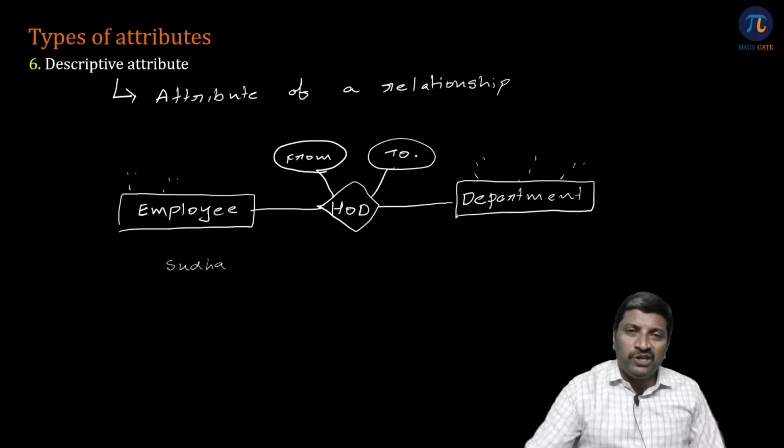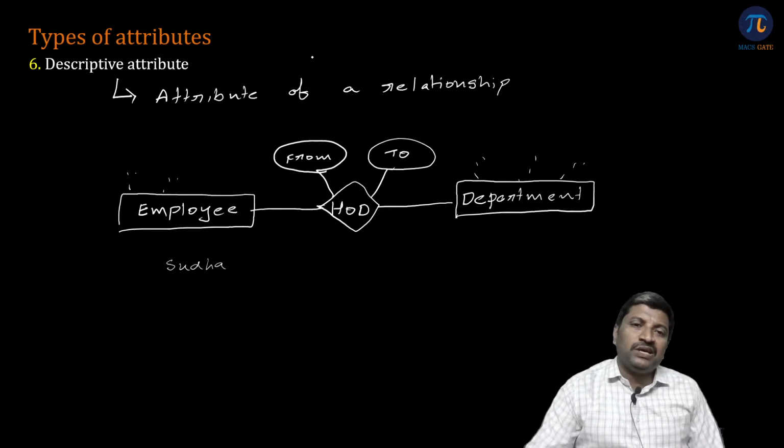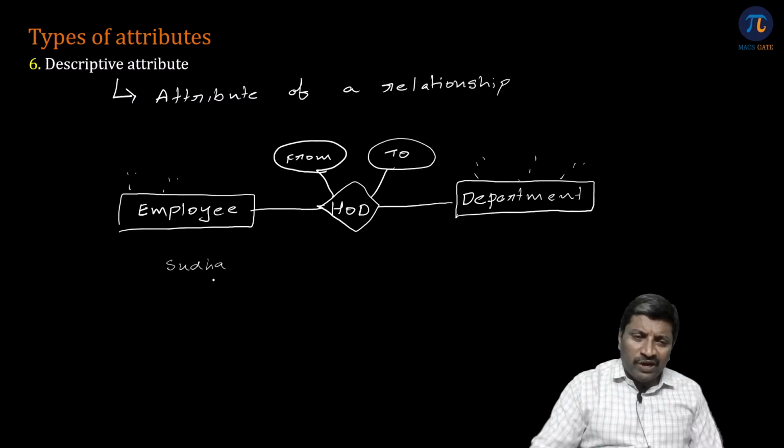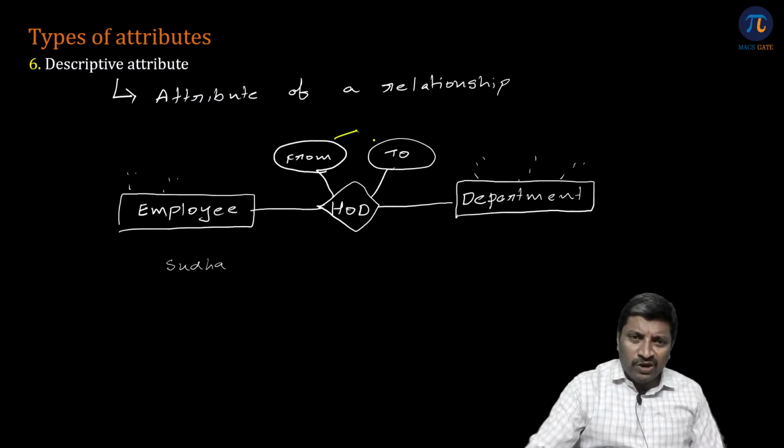Or you can say duration, or since. So Sudhakar is HOD of the CSE department from 2002 to 2020. These two attributes, from and to, are examples of descriptive attributes. Hope you understood it.